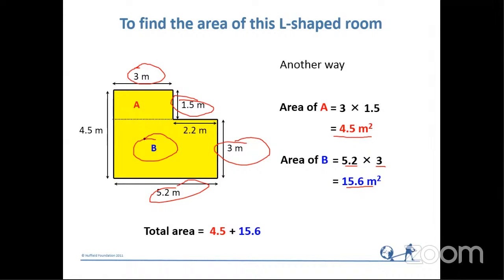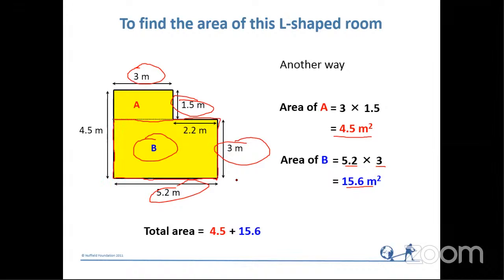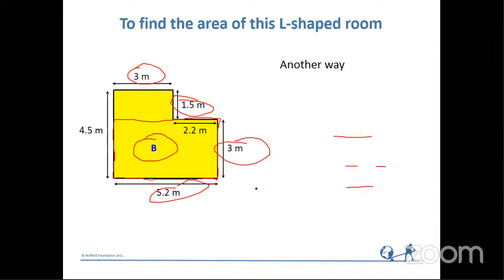So this B is from here. If I could only pick the B, it would be like this.